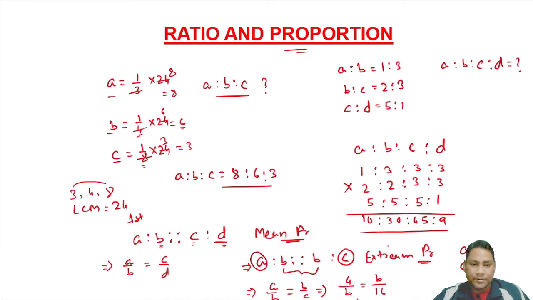Now B square will become 4 times 16, that is 64. The value of B is 8. So this is the concept of mean proportionate.